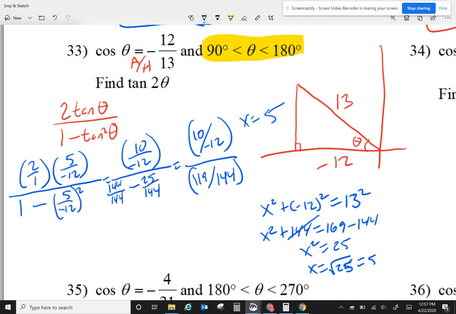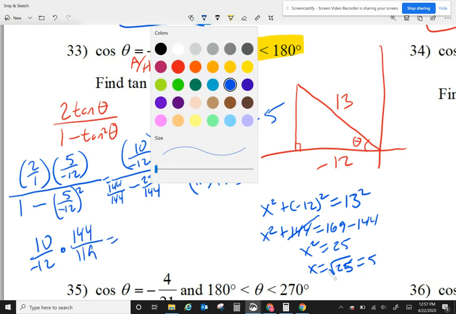So I have a fraction divided by a fraction. So let's do this. 10 over negative 12 times, I'm going to do the reciprocal of the second fraction, 144 over 119.